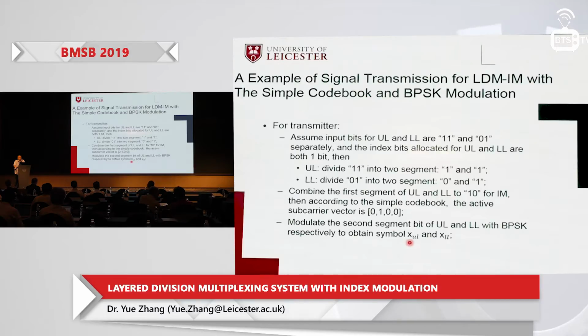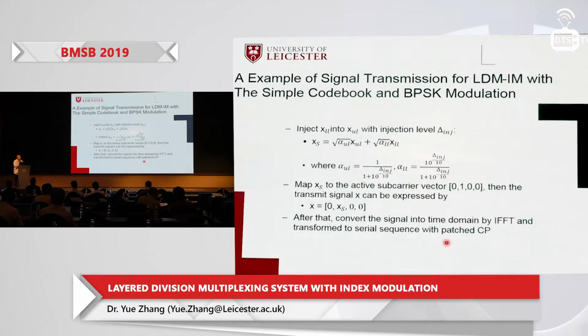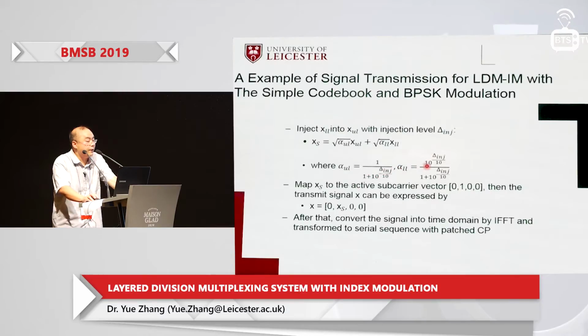For the LDM part, we have the upper layer and lower layer symbols. When you construct the lower layer symbol, you need to adjust the power level, because in order to detect the different users, we use a different injection power for different users to construct the LDM symbols.